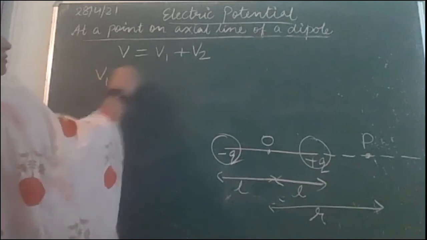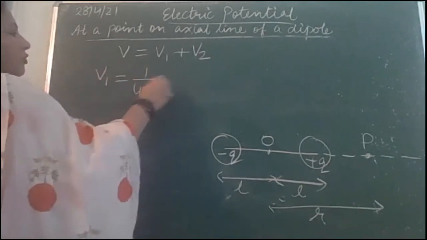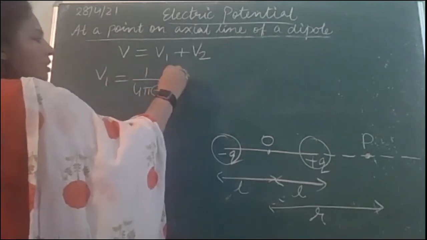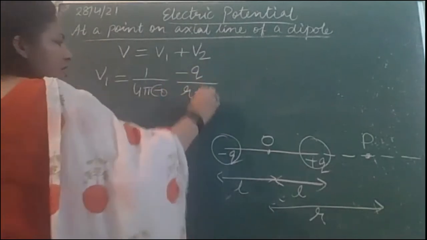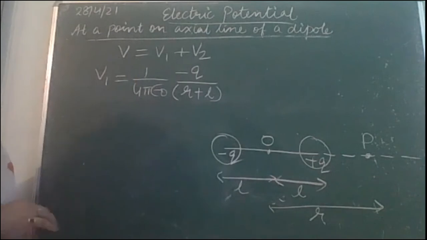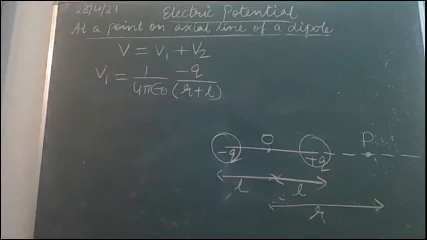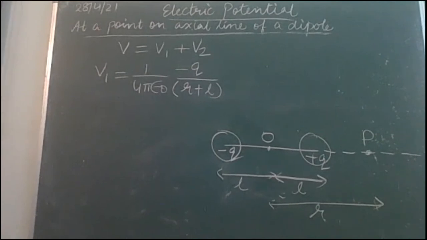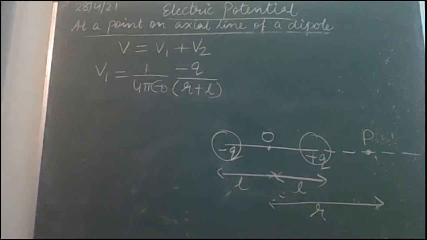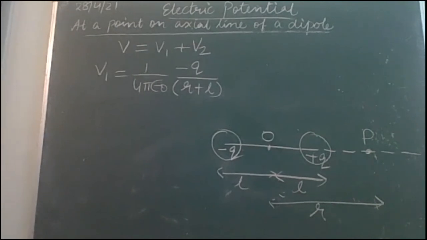So let me write V1 equals 1 upon 4 pi epsilon naught, minus q over r plus l. Is this expression clear? If it is not clear, students, you can ask me.